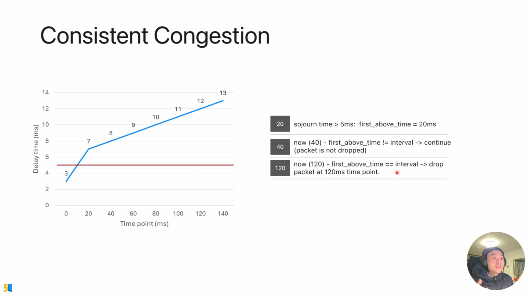Why? Because it's still above 5 milliseconds. So from 20, when we met the first above time, to 120, the interval is 100 milliseconds.